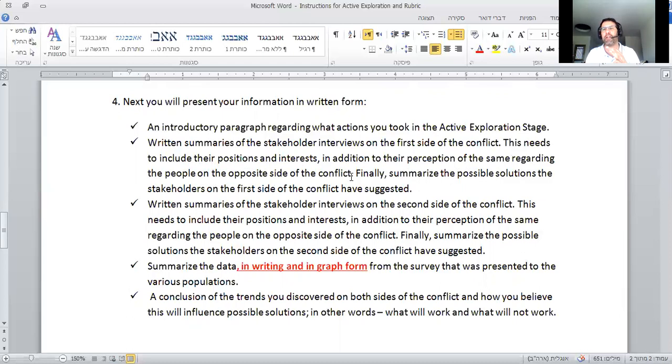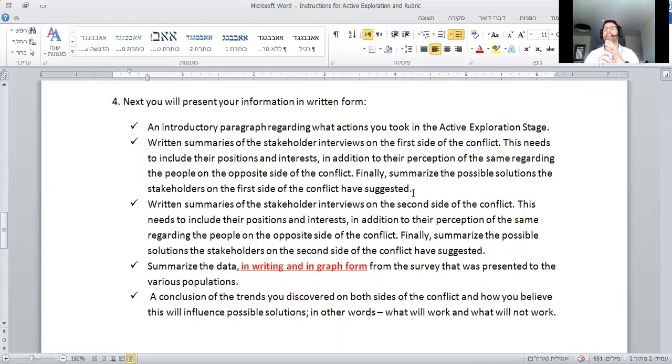So, what are their positions? What are their interests? And what they believe to be the interests and positions of the people on the other side of the conflict. Finally, summarize the possible solutions the stakeholders on the first side of the conflict have suggested.